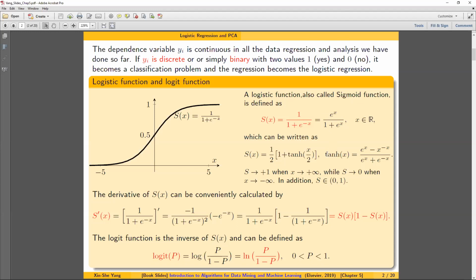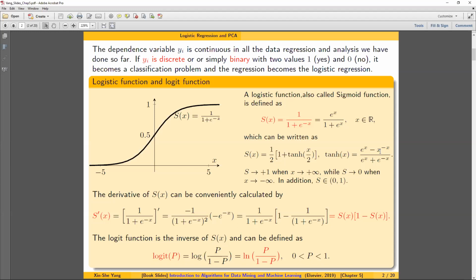If we define the tanh function to be e^x minus e^(-x) on the numerator, and e^x plus e^(-x) on the denominator, then we can rewrite S(x) to be a half times 1 plus tanh(x/2).